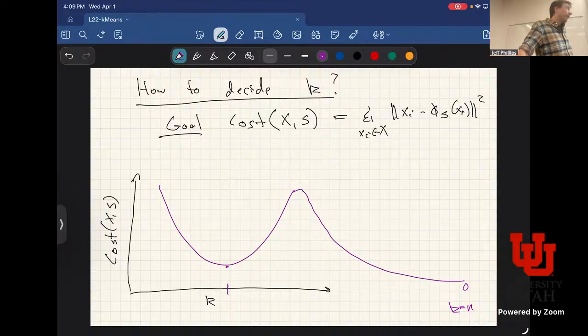That's exactly right. If I set k equal to n, the number of points, eventually it's going to head down to 0. So I compute this for all k, I get a plot that looks like this. I don't want to pick that answer, so I pick this one.